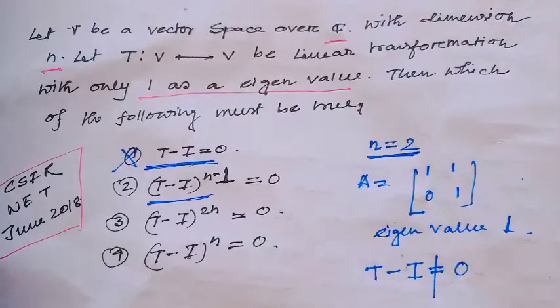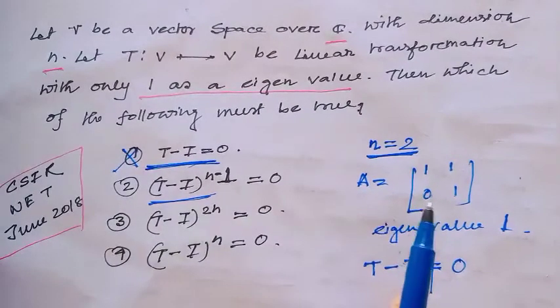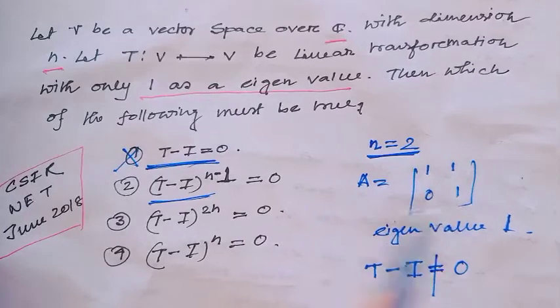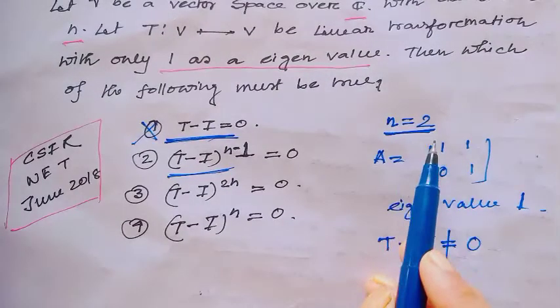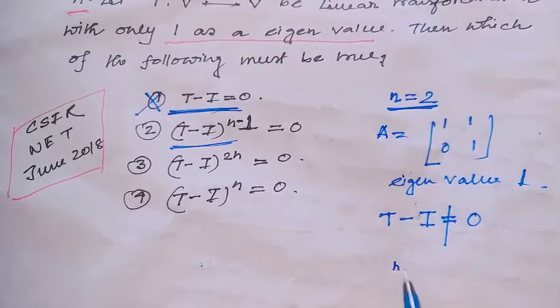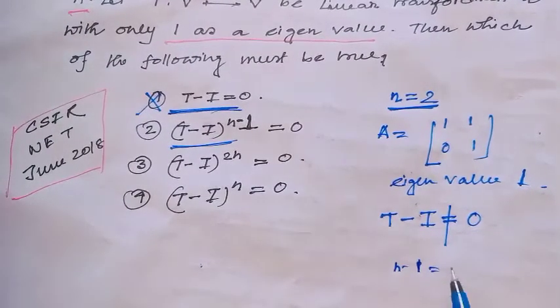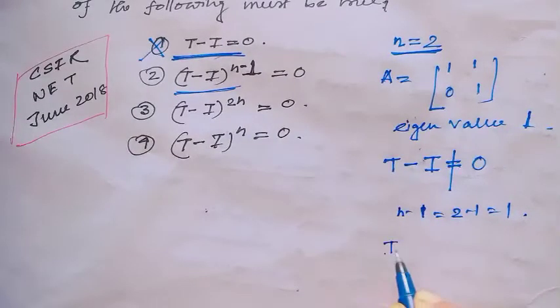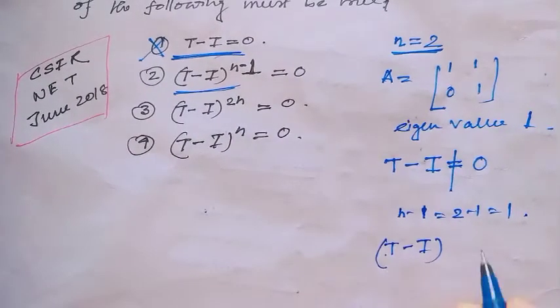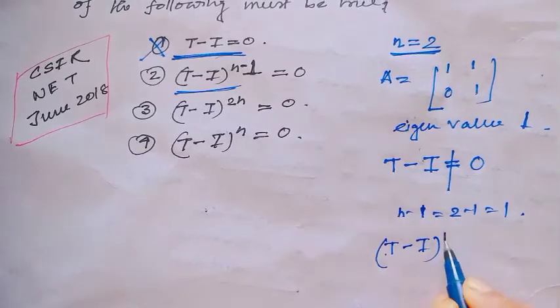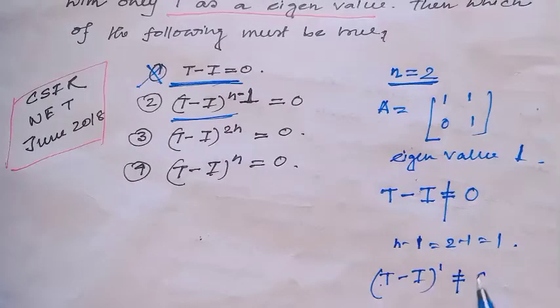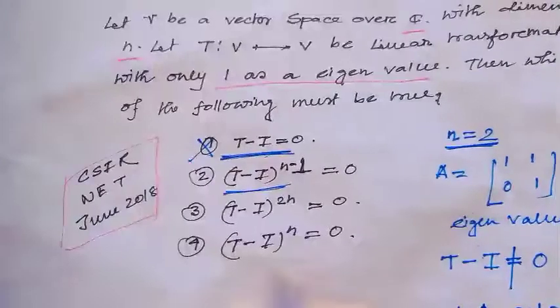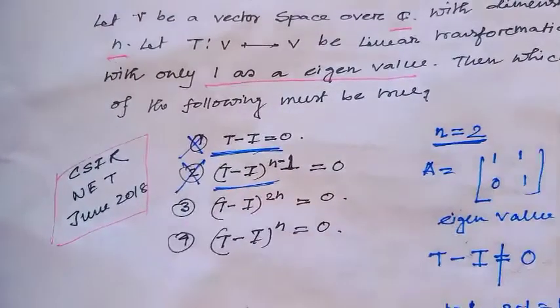For option 2, if you consider the same matrix, since n equals 2, n minus 1 equals 1. Then (T minus identity) to the power n minus 1 means just T minus identity, and as before this cannot be the 0 operator. So option 2 is also wrong.